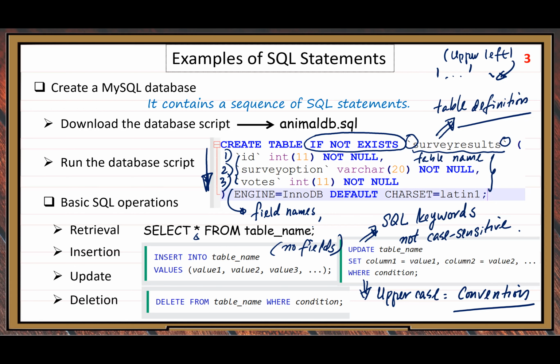Although in this example, if we remove those backtick symbols, we're fine. We won't have any problem, because survey results, ID, survey option, votes cannot be SQL keywords. None of them is an SQL keyword. So we can safely remove all those backticks.